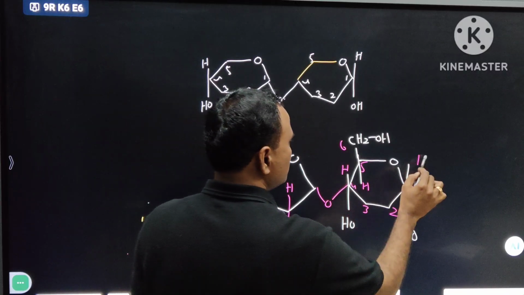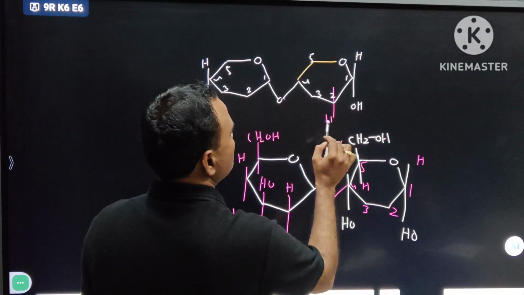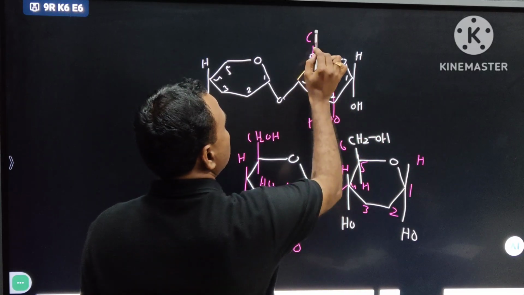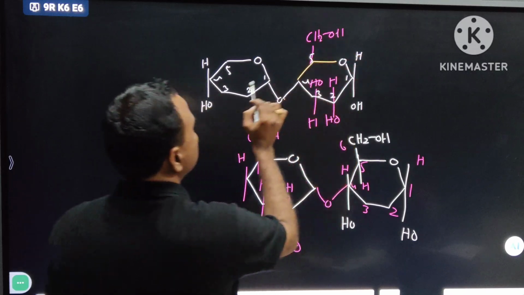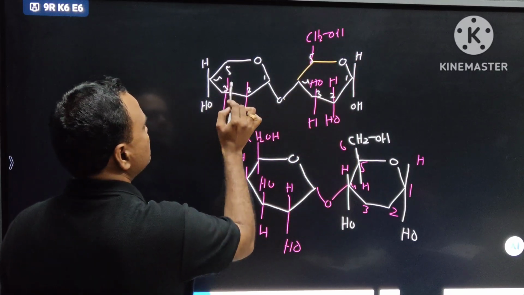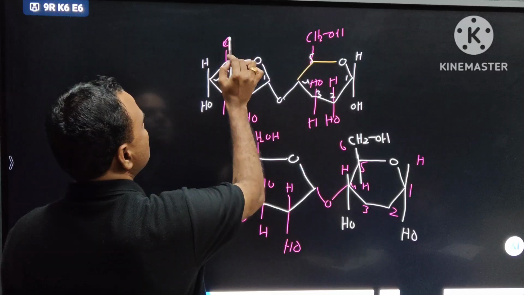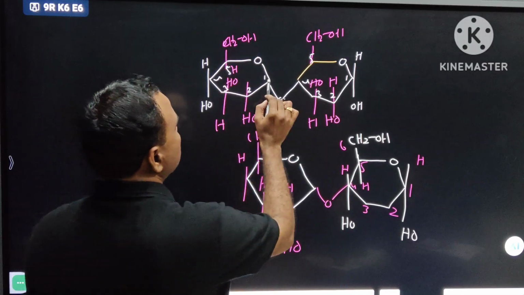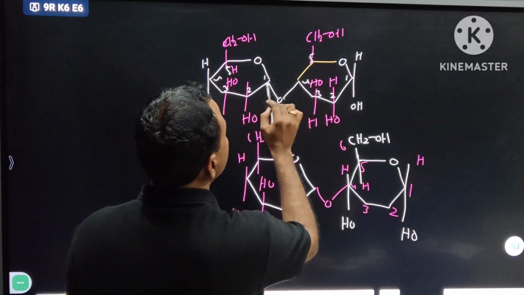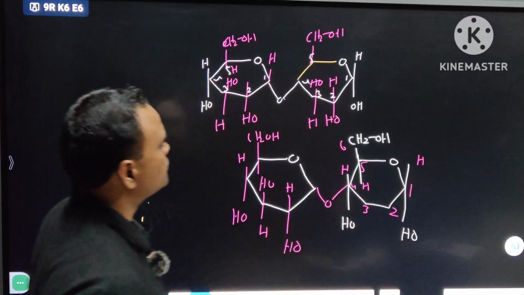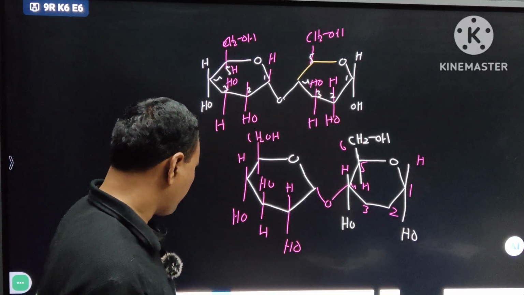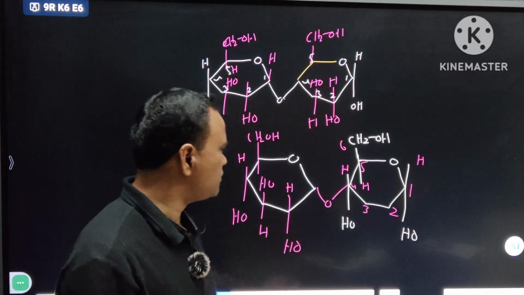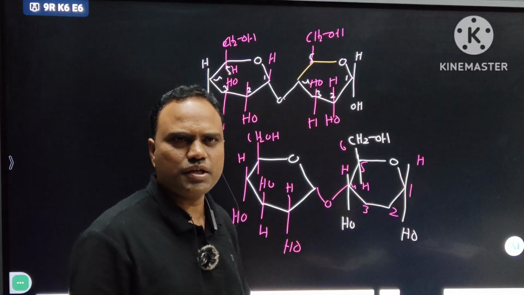Hydrogen, hydrogen, hydrogen. CH2OH. You can take a screenshot, no need to copy. Here hydrogen, right? We can understand C1 C4 linking. C1 C4 linking is easy.